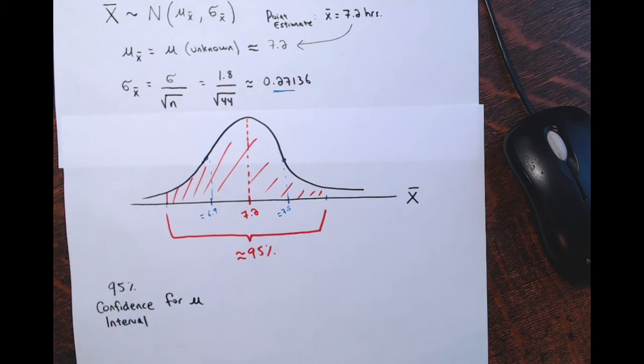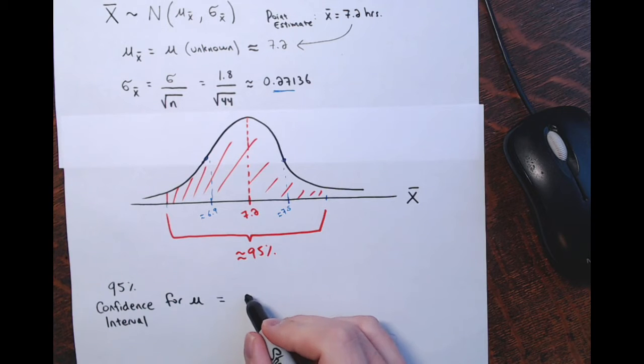This 95% is called our confidence level. We're trying to guess with 95% confidence what mu is, what the population mean is, what the average amount of sleep all adults get, not just groups of 44. But we can use our groups of 44 here to make our guesses.